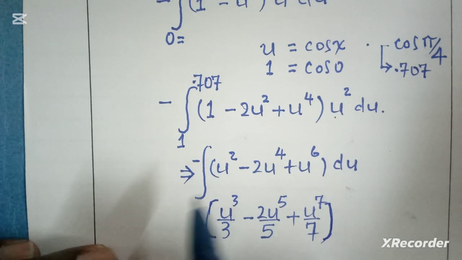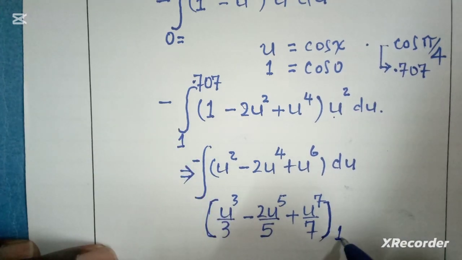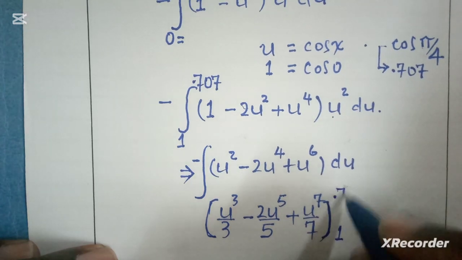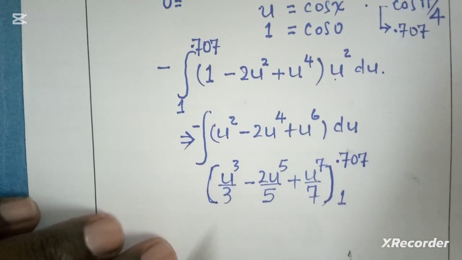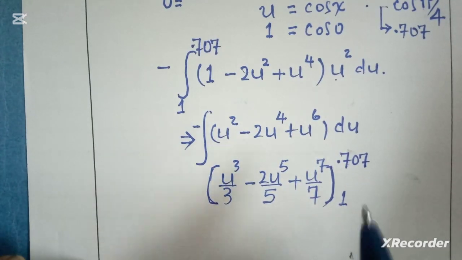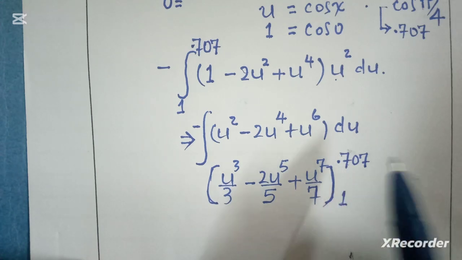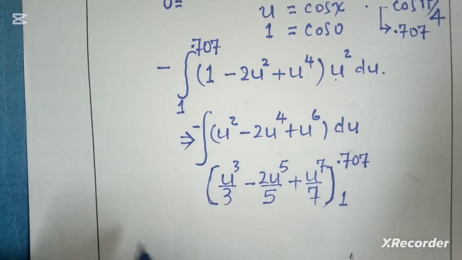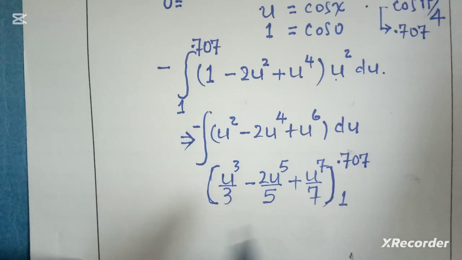Our limits is from 1 to 0.707. So we now go and solve for that, guys. So we begin with 0.707. So we shall have, remembering we have a negative, so finally we shall have to fix the negative.